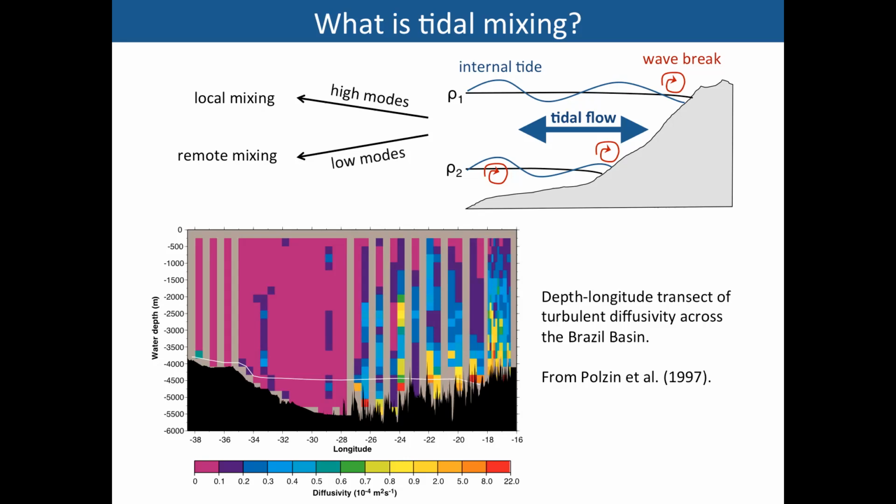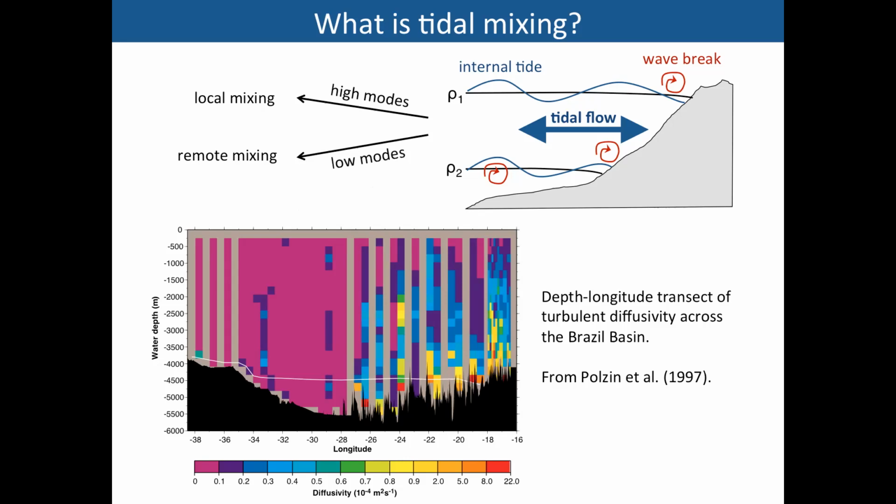And that mixing has long been parameterized in ocean models. But there's also a more distributed, more uniform mixing elsewhere. That mixing is actually largely due to low mode internal tides that can come from elsewhere and that ultimately cause mixing. And that mixing is usually not explicitly parameterized in ocean models.